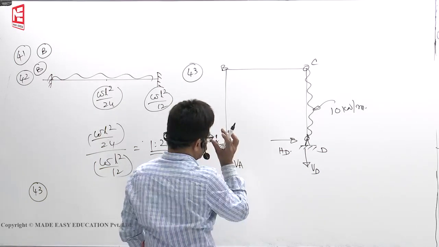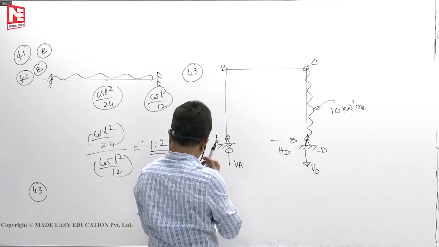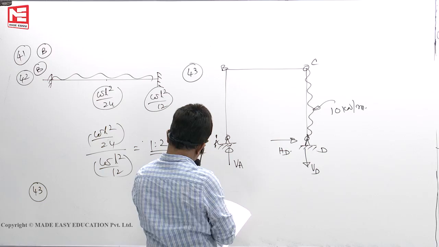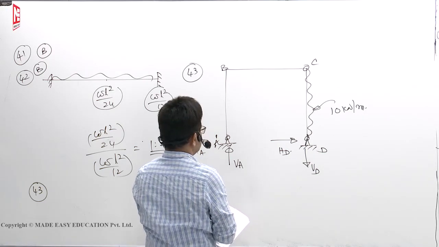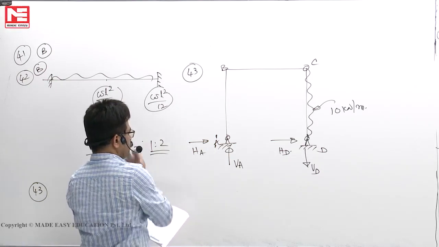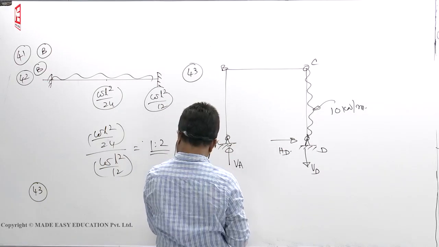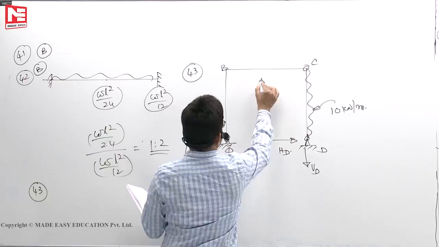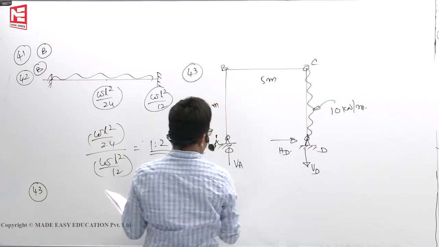So which equation of equilibrium is better? Bending moment at C is equal to 0. Lengths are the same. This is 5 meters, 4 meters. So bending moment at C is equal to 0.